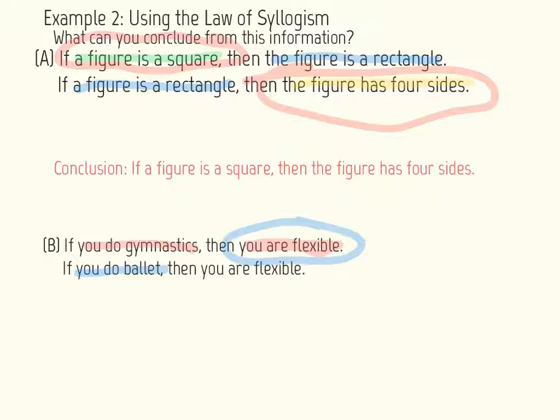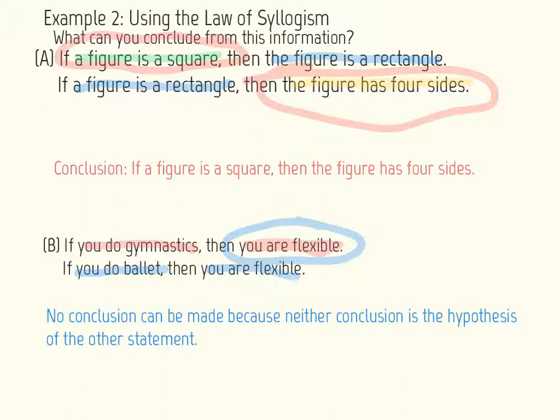We just know another thing that means you are flexible. So there's no way you can mix and match and make a string of things that all match up. So in this case, no conclusion can be made because neither of the conclusions is the hypothesis of the other statement. So we can't say anything about these statements.